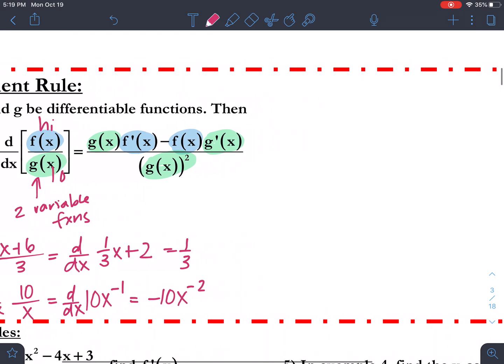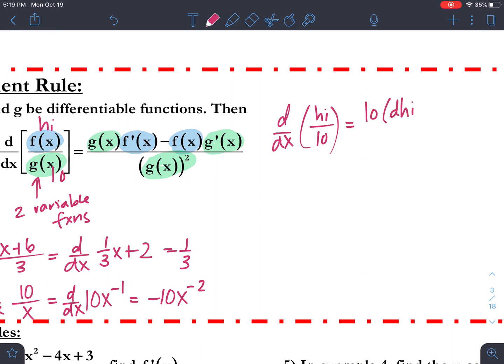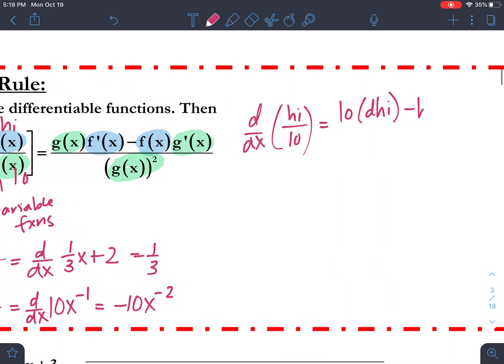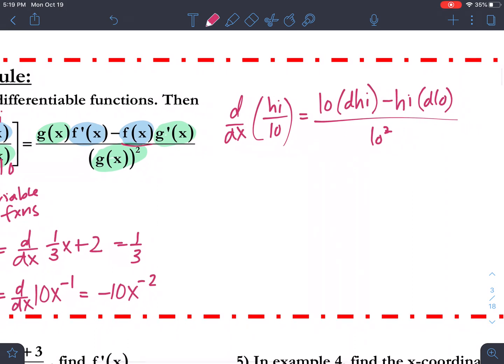Okay, so what would this be? Well, if you take the derivative of high over low function, it's low times the derivative of high, so low d high, minus high, or f of x, d low, over the low function squared, so low squared. All right, so if you say it a little quicker, low d high minus high d low over low squared.